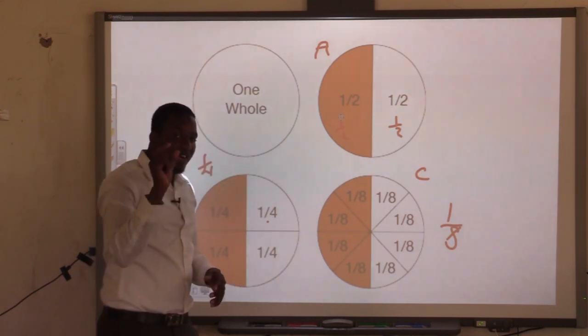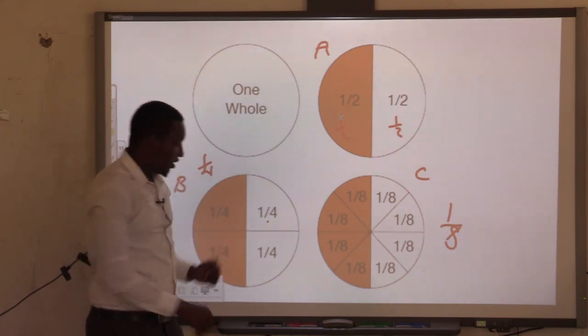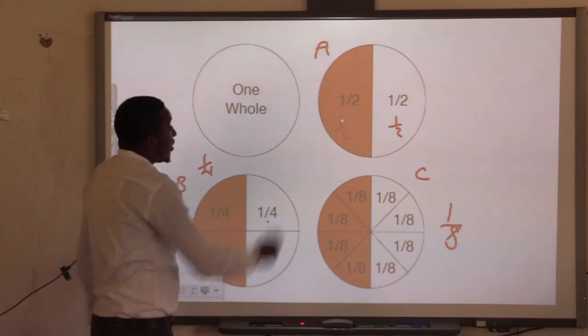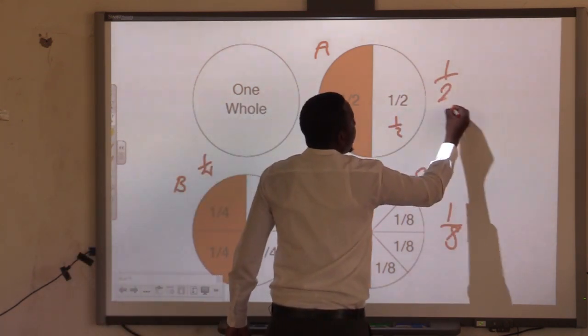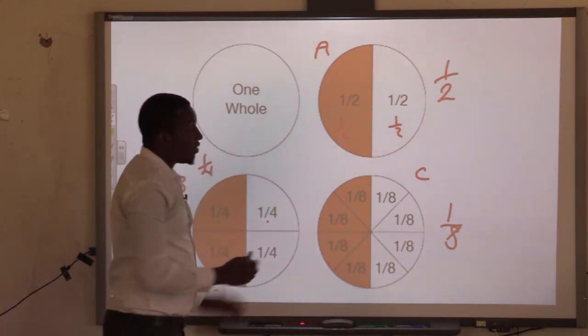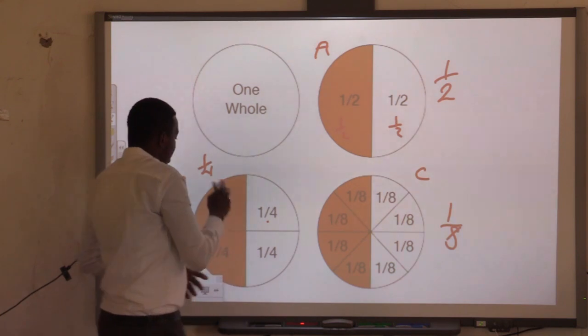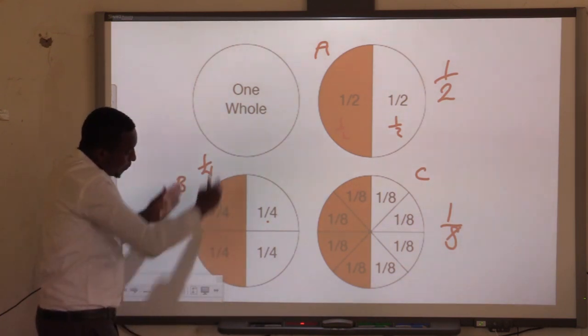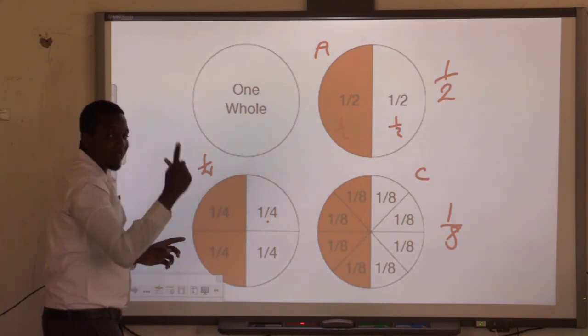We want to look at the relationship between the parts that are colored. If you look at the first circle, we only have 1 all over 2 colored.